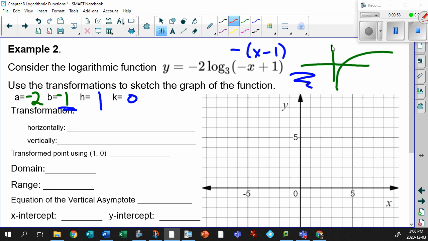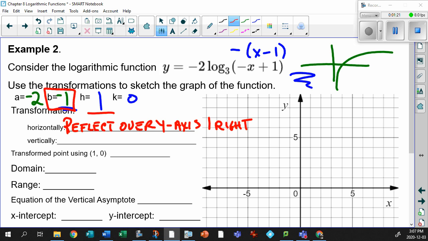So horizontally, what happened? We obviously don't have a stretch, but we do have a reflection. So we're going to reflect. And how do we reflect horizontally? Yes, over the y-axis, and we're going to move 1 right. Next one.